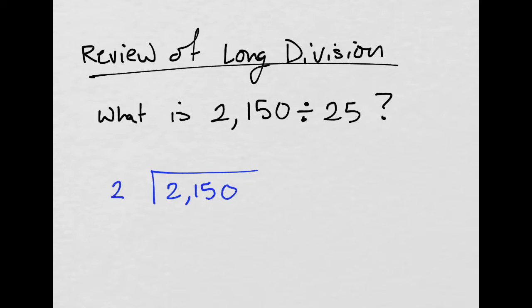You want it to be bigger than 25, otherwise you can't divide it. And then you look at the first two digits, and that is also too small. I want it to be bigger. And so you look at 215. So I'm thinking, what times 25 gives me 215, or something close?